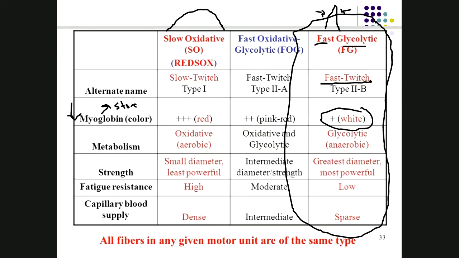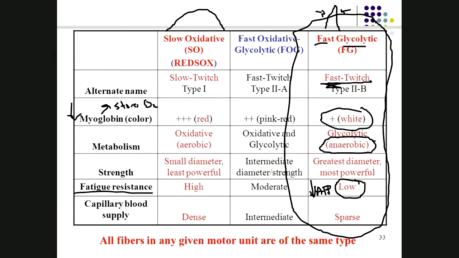And if you don't have any stored oxygen, you're going to run out of oxygen really quick. And so instead of doing aerobic, they do anaerobic glycolysis. Well, remember, that's very, very quick, but you don't get very much ATP. And since you only get 2 per glucose, they get tired very quickly. They have low fatigue resistance.